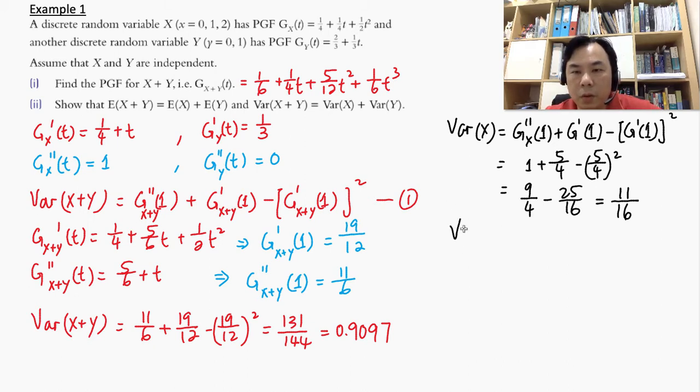And then as for y, variance for y, we also do the same thing. This is x, I forgot to write that down. Okay, this is 1.